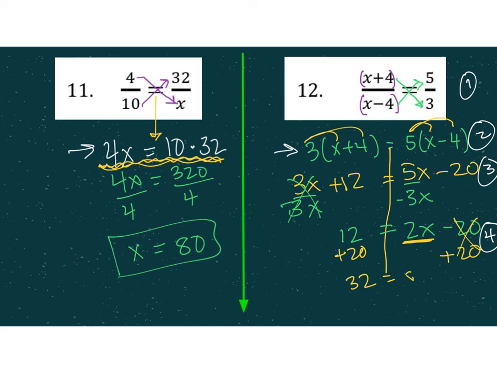I got too excited. Let me go back here. This is a 2x, and I have one step left of dividing by 2. When I divide by 2, 32 divided by 2 is 16. So goodness gracious, after 5 long steps, I end up with an answer of x equals 16.